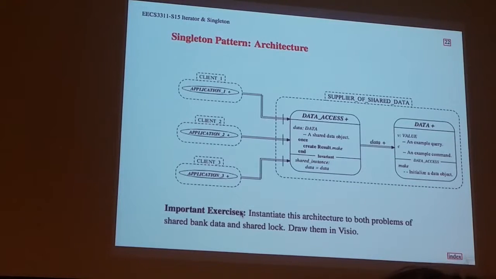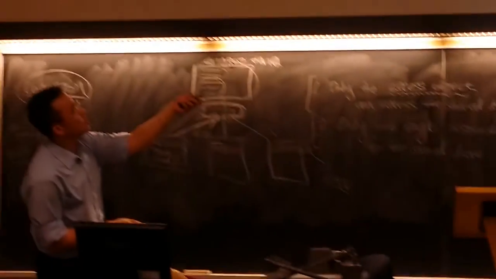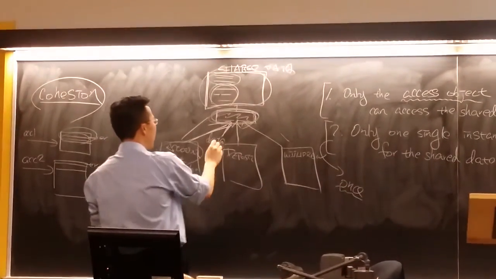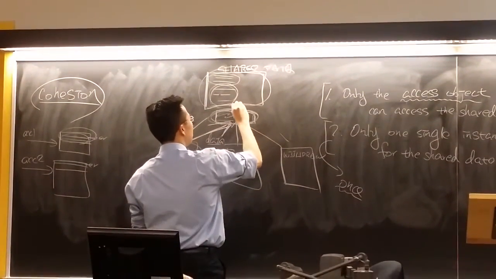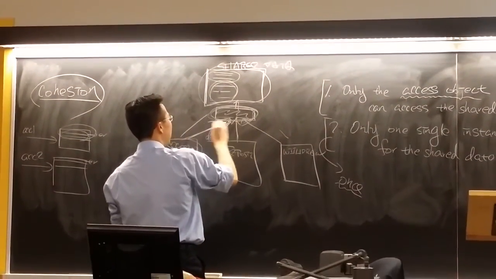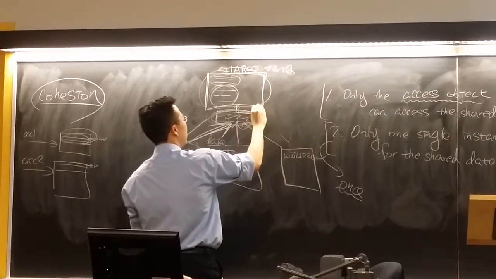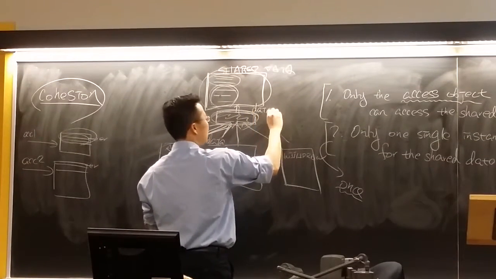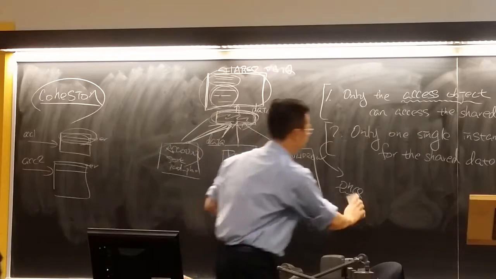Okay? Let me improve this diagram a little bit. So make some notes here. The way we access here is by calling the data objects. I know the data there might be a little bit confusing, but this is data. Also here, the link, client supplier, it should be client supplier. Also data. Let me redraw this a little bit.